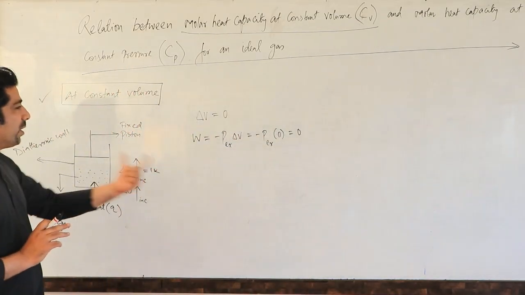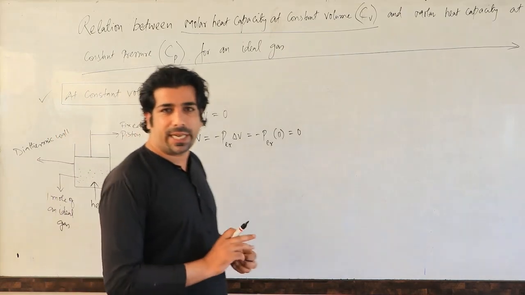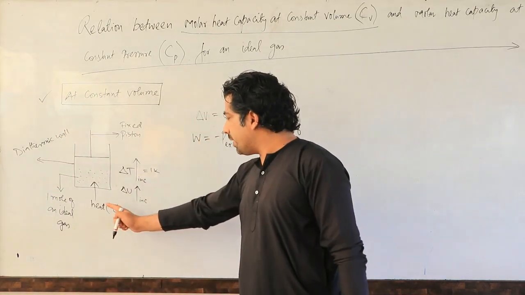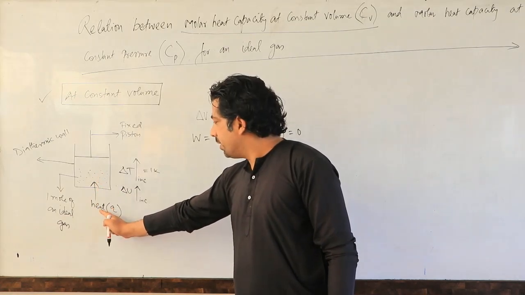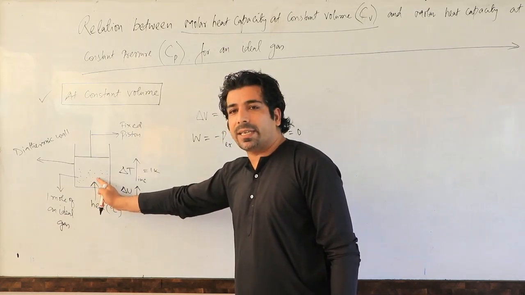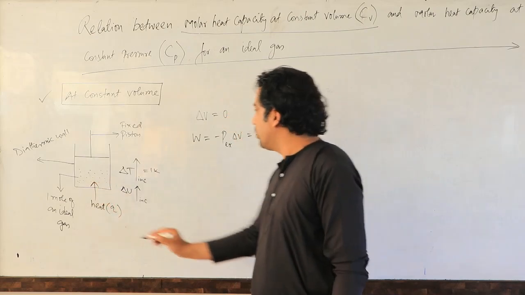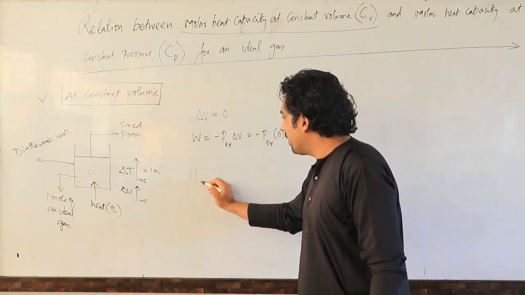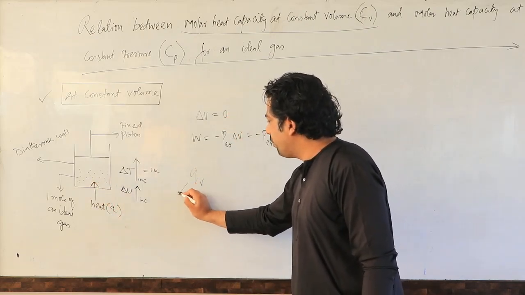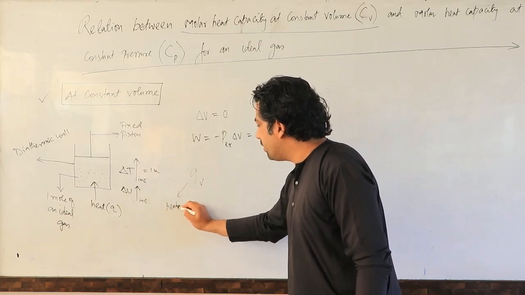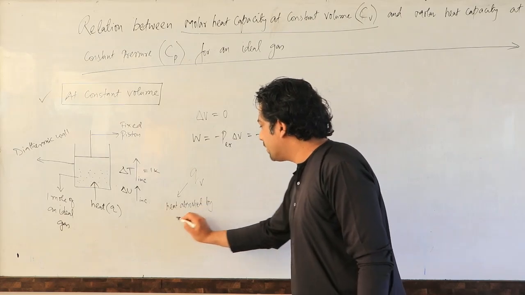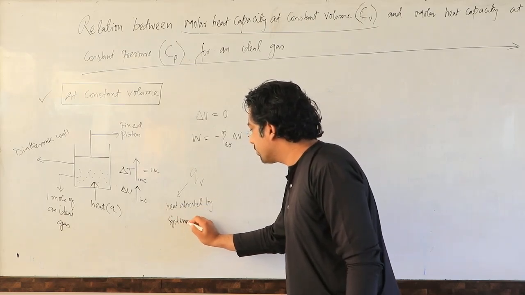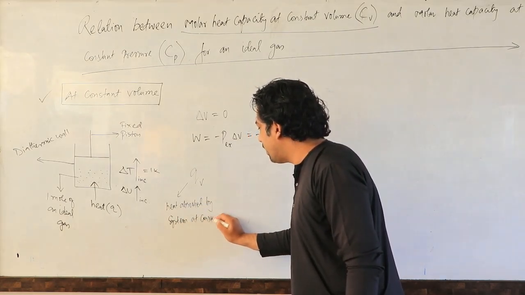Now let us go further and understand a few more things right out here. Now you know that the heat is absorbed by the system at constant volume. So my dear friends, I will write down QV. What is the meaning of QV? It is the heat absorbed by the system at constant volume.